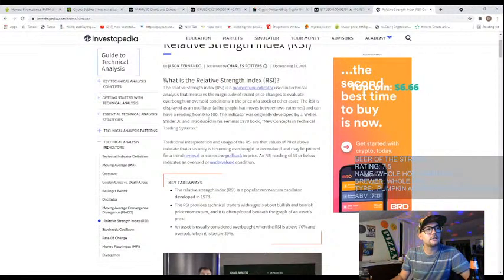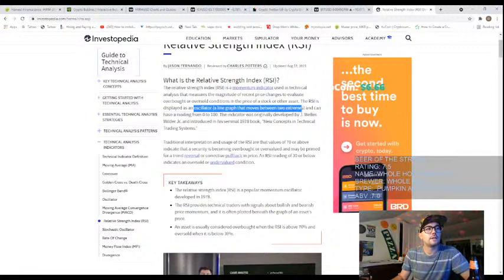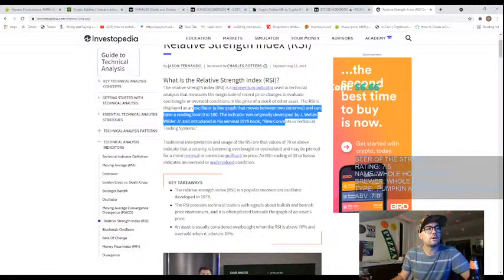The RSI is displayed as an oscillator, a line graph that moves between two extremes, and can have a reading from 0 to 100. The indicator was originally developed by J. Wells Wilder Jr. and introduced in his seminal 1978 book, New Concepts in Technical Trading Systems.